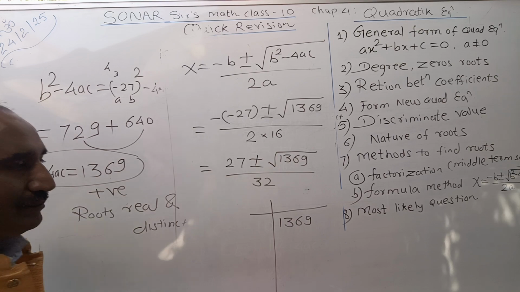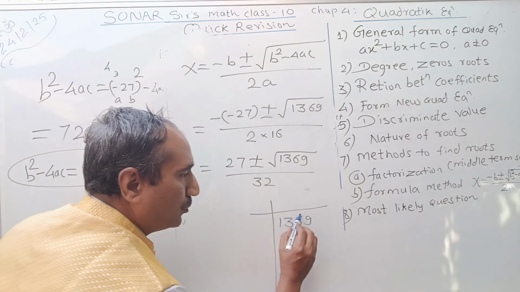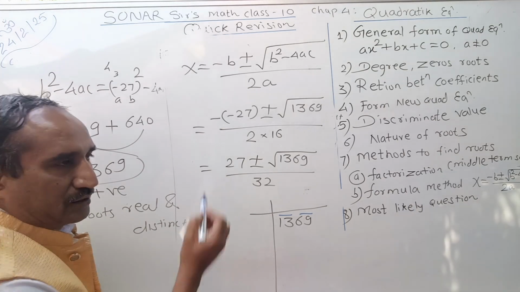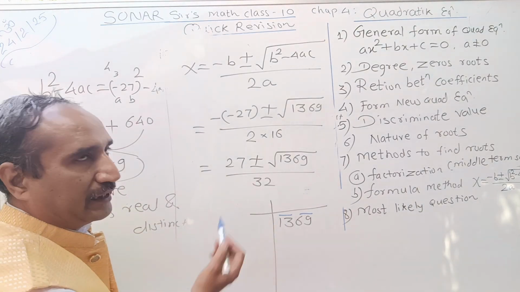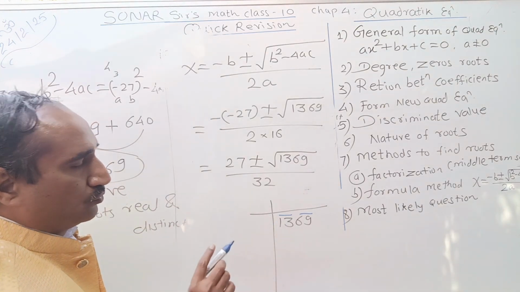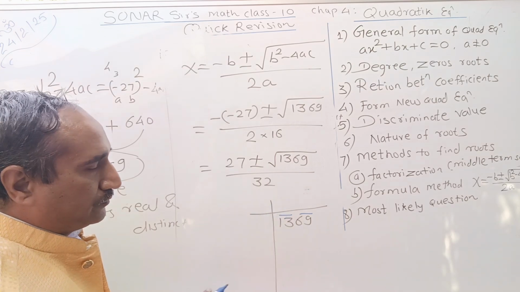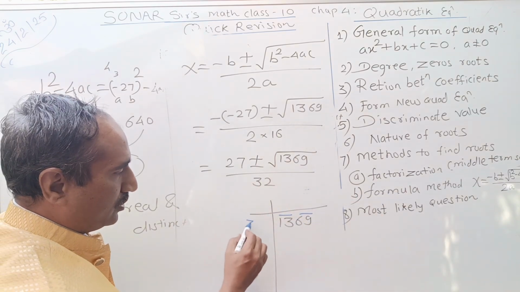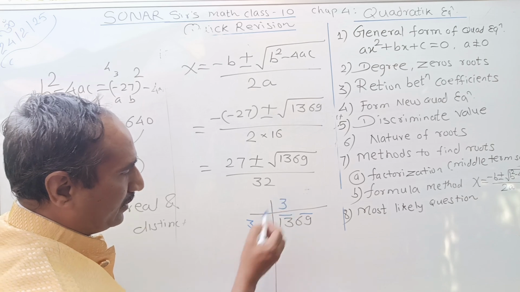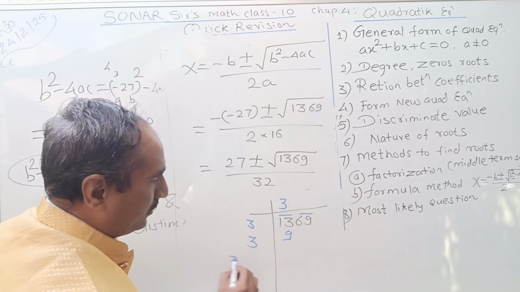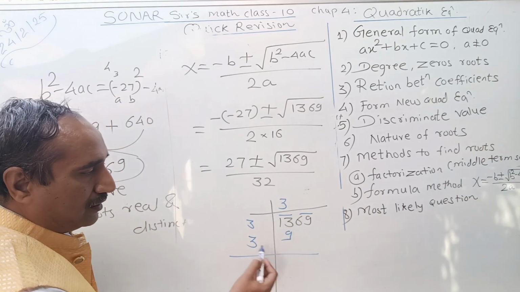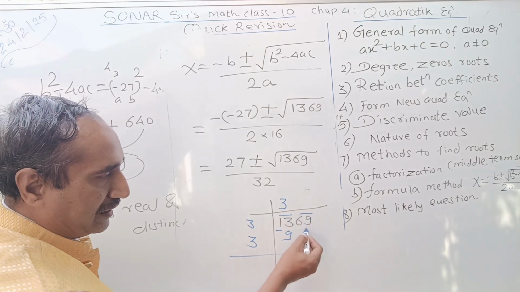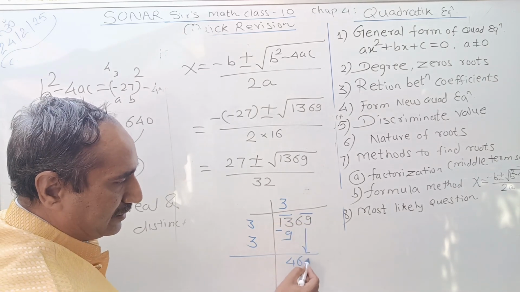In that method, we make pairs of two digits into groups. For this 13, we can deduct the square of 2. 2 square is 4, 3 square is 9, 4 square is 16. So 3 square can be subtracted. So we have to write down 3 here, take the square of the number and subtract. Here is 4. Take this group down as it is.